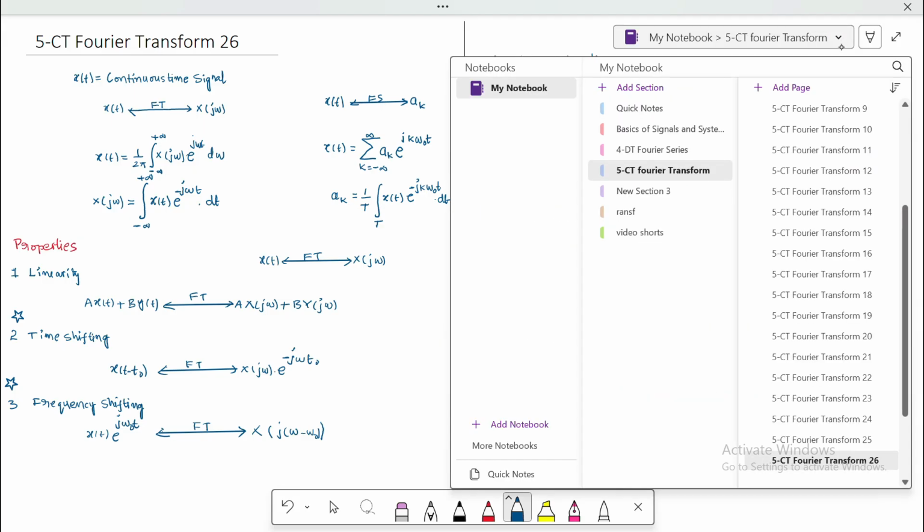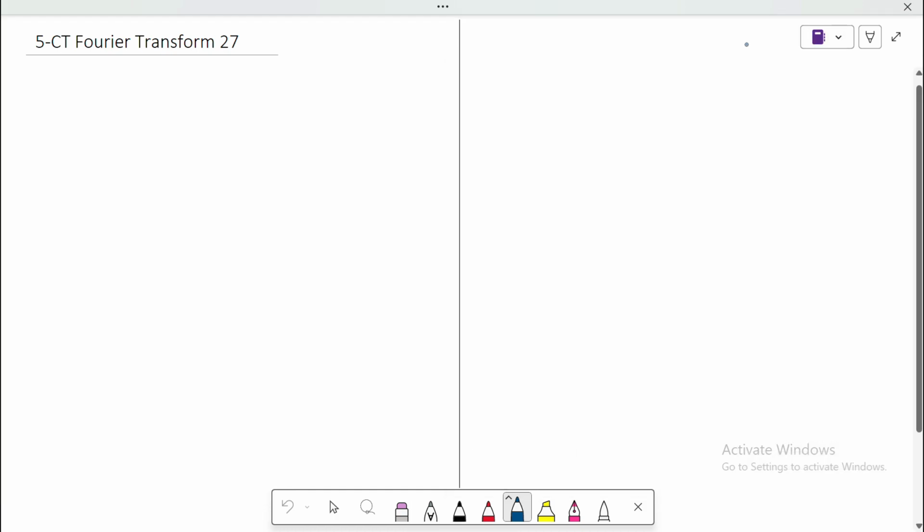The next one, the ninth property, is differentiation. Differentiation in the time domain, not in the frequency domain.